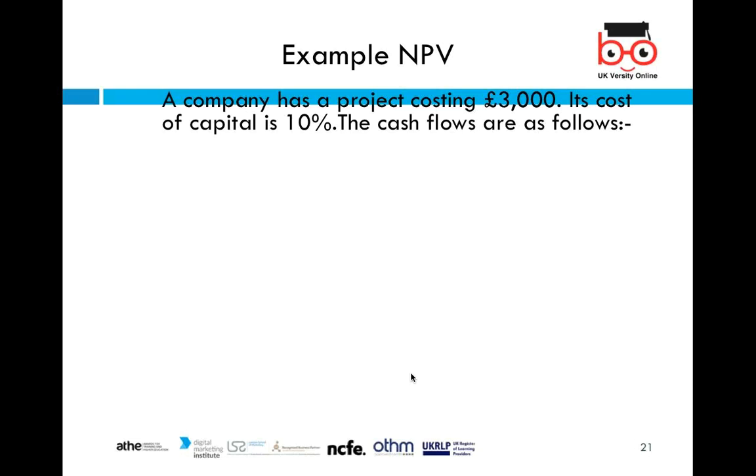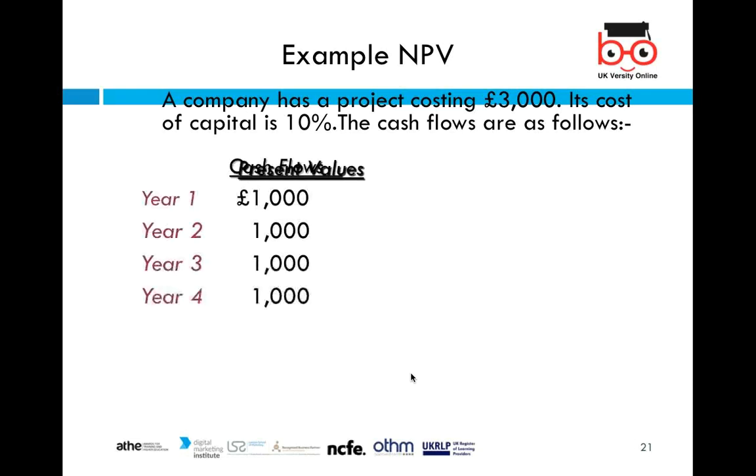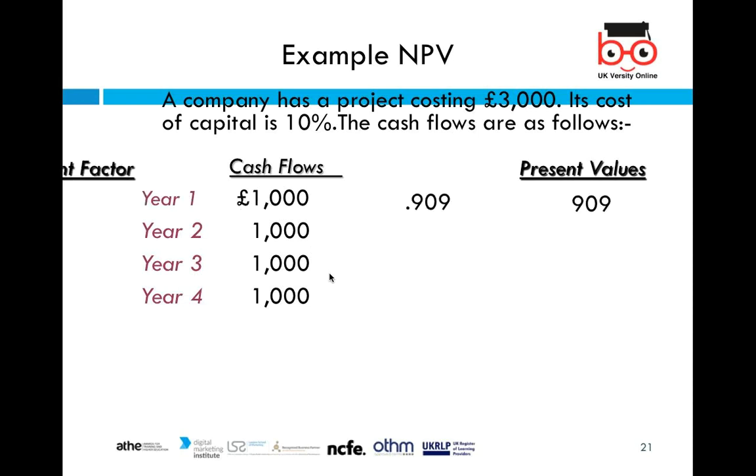So let's see another example of NPV. A company has a project costing 3,000, and the cost of capital is 10%. If the cash flow is 1,000 pounds every year, let's see the present value. First year is 909, because we need to multiply by the discount factor 0.909.